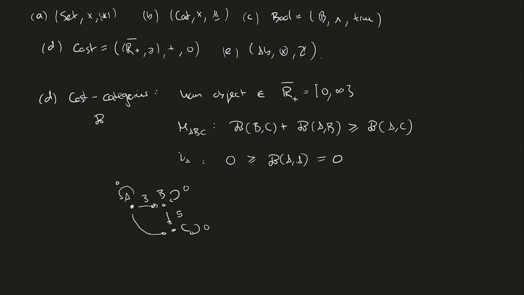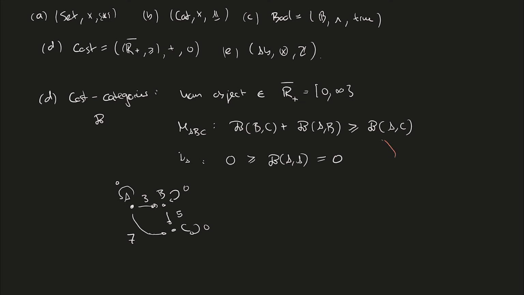Now, if we look at this relationship between Hom objects, we have that the Hom object between A and C has to be less than or equal to the sum of the Hom objects between A and B and B and C. For example, a valid Hom object between A and C would be 7, because 7 is less than or equal to 8, which is the sum of the other two arrows.